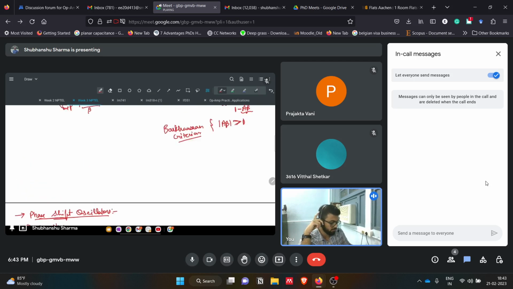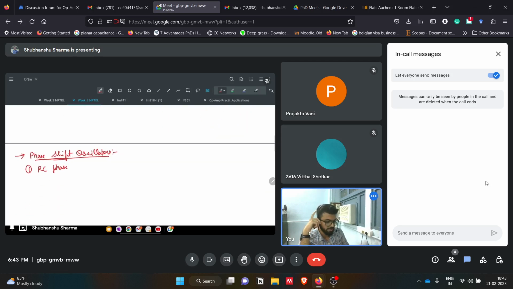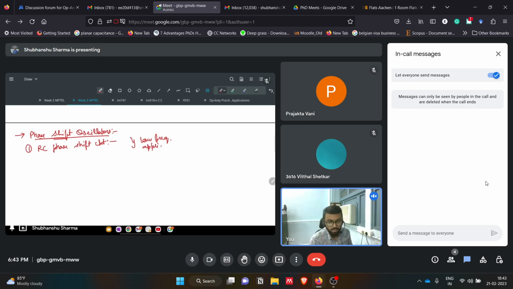To meet this Barkhausen criteria. That's why we need these phase shifts, and first we can realize them with RC phase shift circuits. These are normally used for low frequency applications. And we have LC phase shift circuits that are used for high frequency applications.